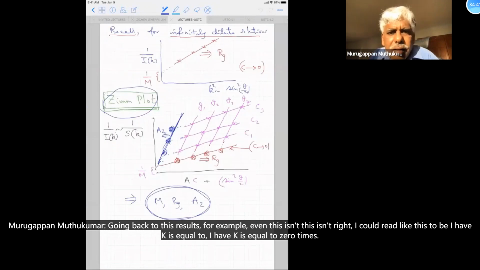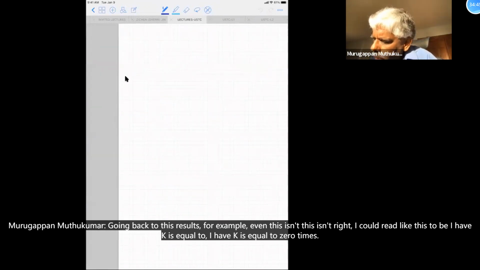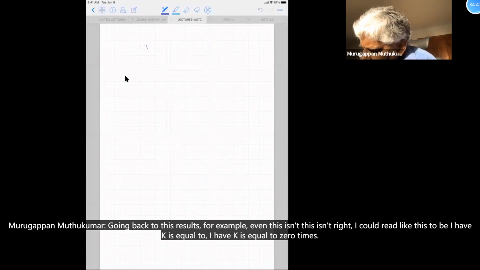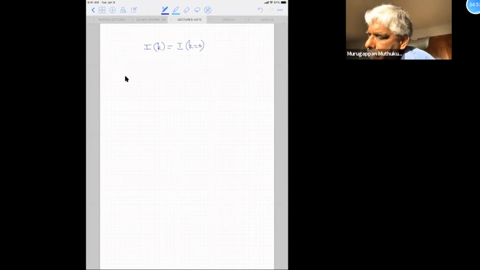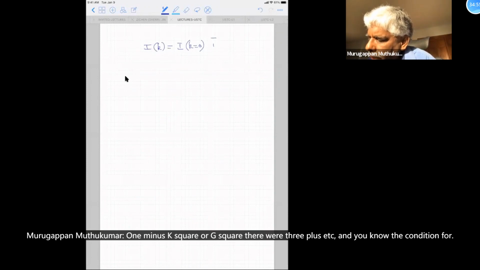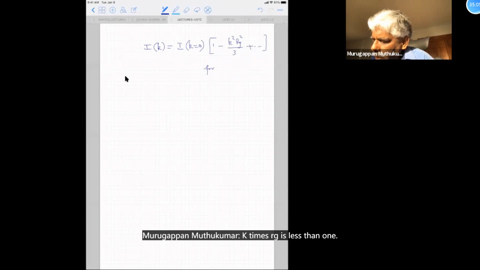I could rewrite this as I of K equal to I of K equal to 0 times 1 minus K square Rg square divided by 3 plus etc. And you know the condition is K times Rg less than 1.